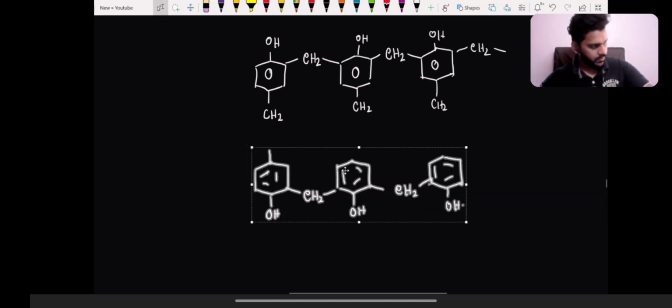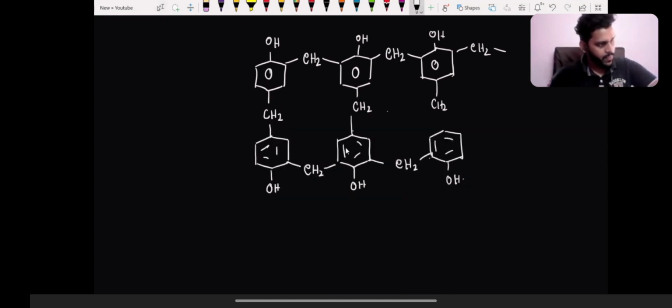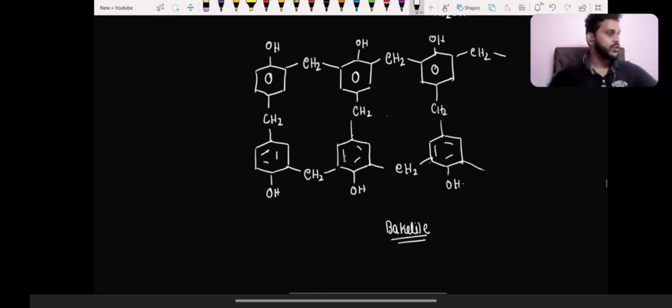You just need to combine them like this, in this way. Right? This is cross-linking polymer. This is bakelite polymer.